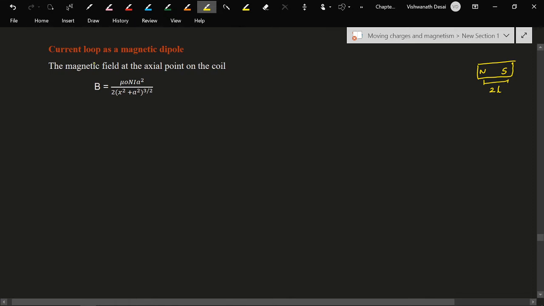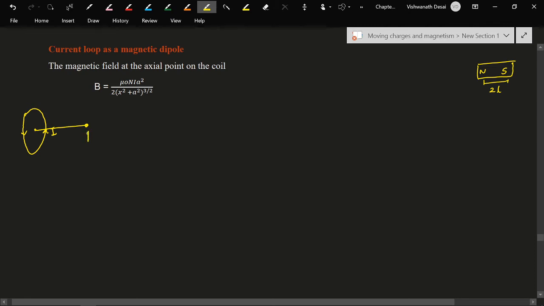But current loop as a magnetic dipole, this is the heading. Now I will consider a coil carrying a current in it. We studied in the derivation that wherever current flows through a circular conductor, it produces a magnetic field along its axis.